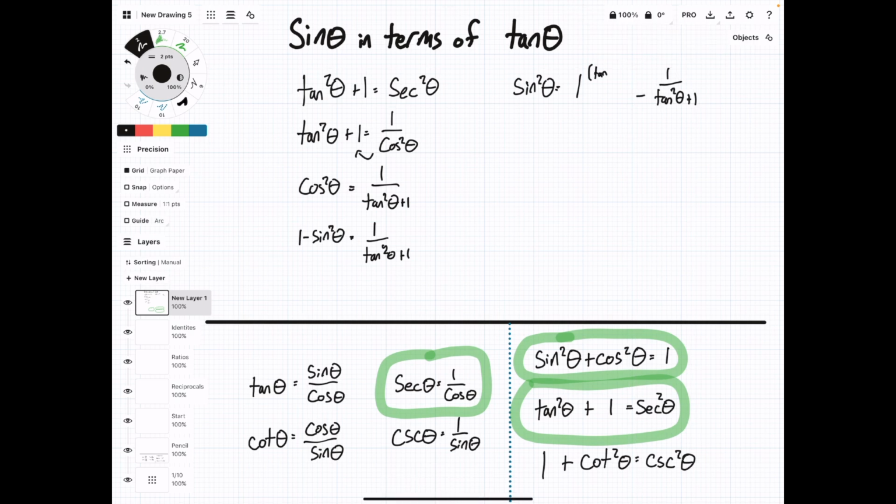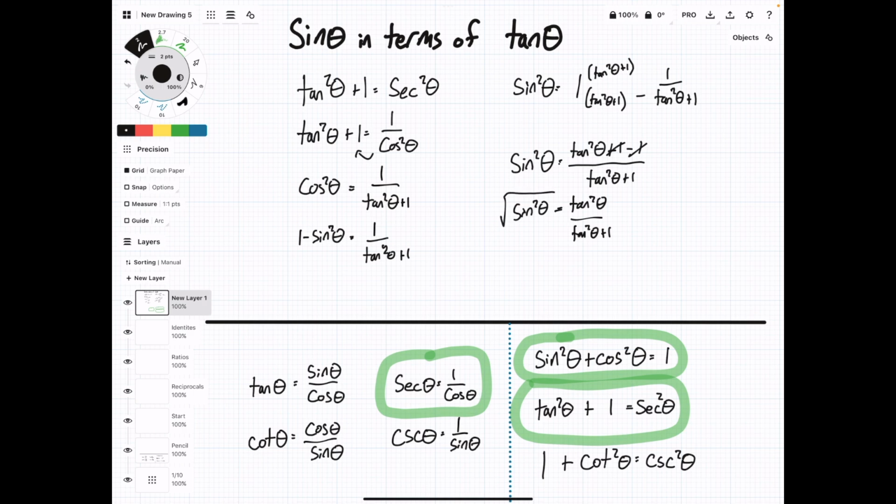So we're going to multiply this by tangent squared theta plus 1 over tangent squared theta plus 1. Now we can rewrite this as sine squared theta equals tangent squared theta plus 1 minus 1, and it's all over the same denominator, tangent squared theta plus 1. These ones cancel, and we have sine squared theta equals tangent squared theta over tangent squared theta plus 1.